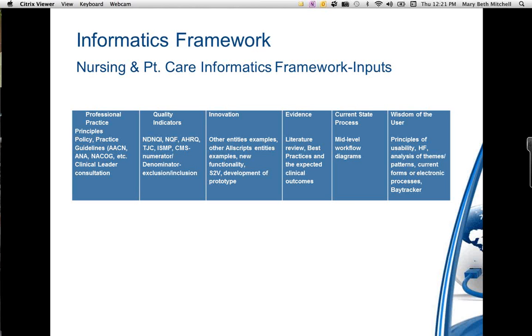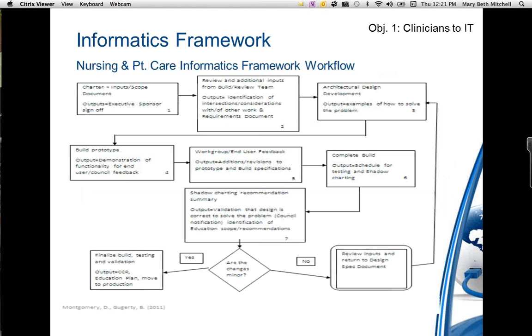Next slide. So once those inputs have been gathered, this is just a little bit of a process map to show you how we take multiple steps to get to the end solution that our clinicians are asking for.